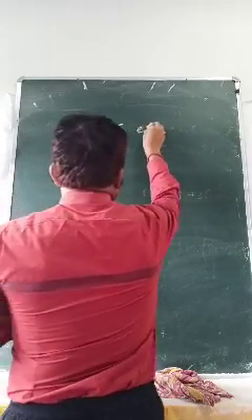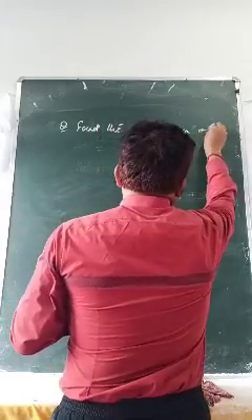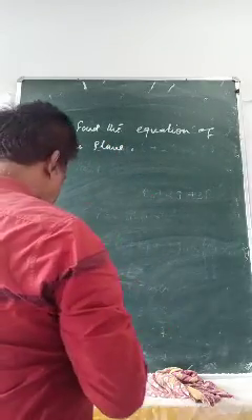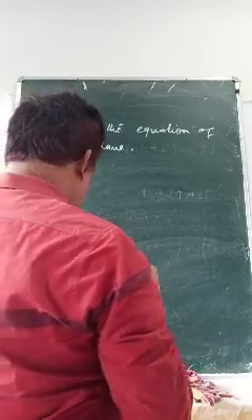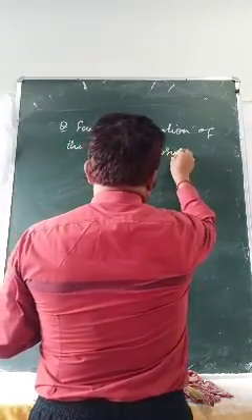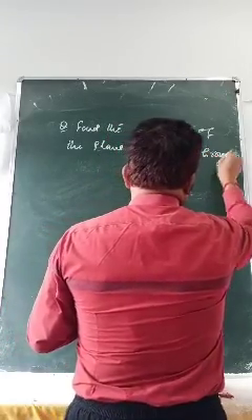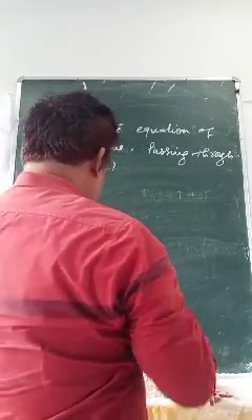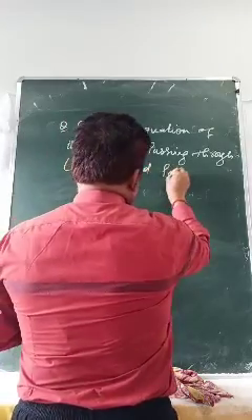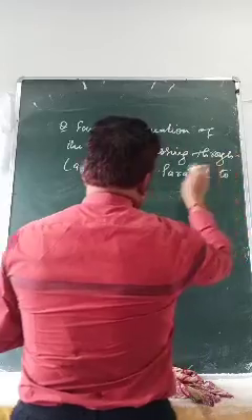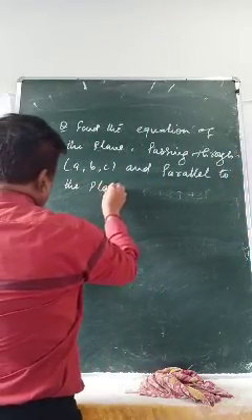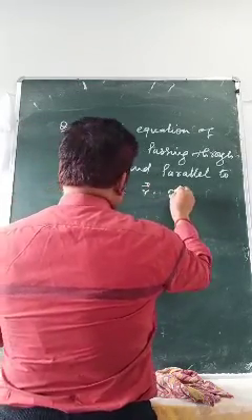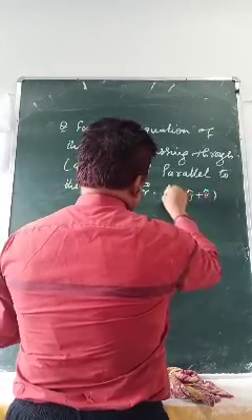Find the equation of the plane passing through the point a, b, c and parallel to the plane r dot i plus j plus k equals 2.